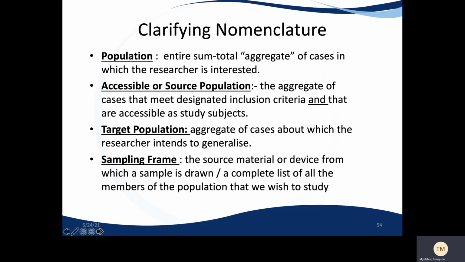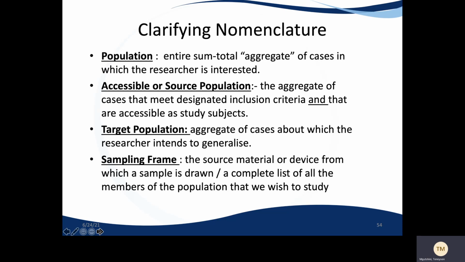So you may be interested in doing a study of male students at a university, but you are interested in the male students who completed, and therefore your target population becomes that part of the accessible or source population that completed their studies.